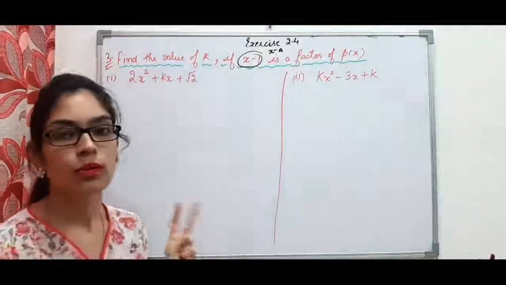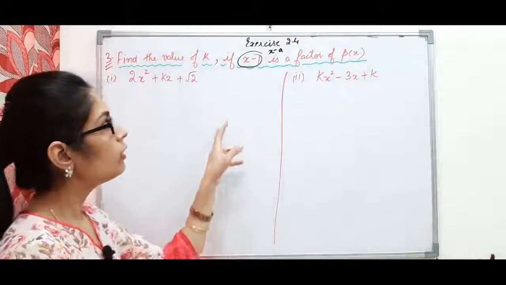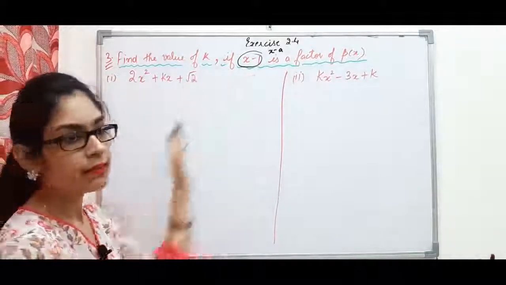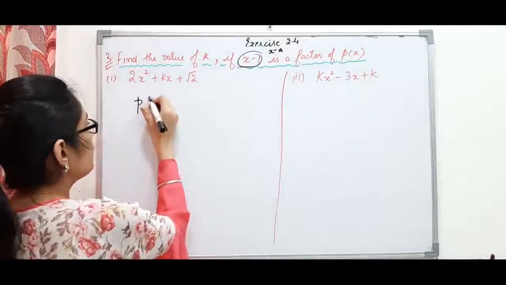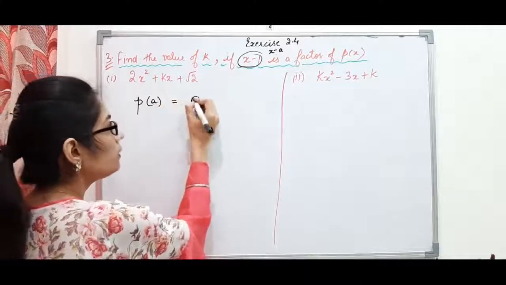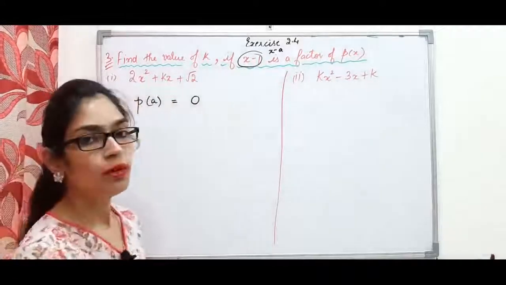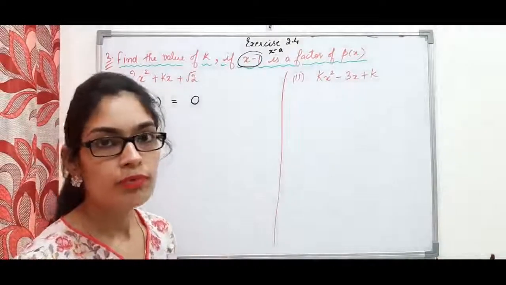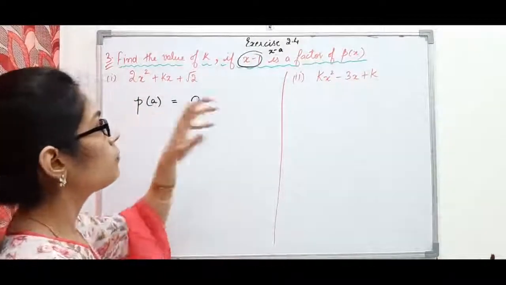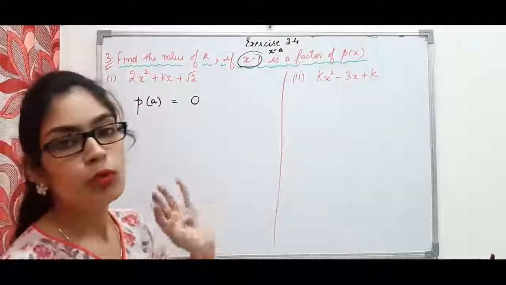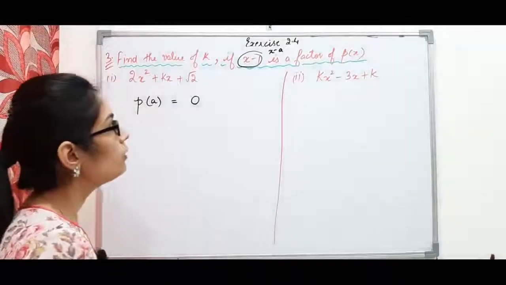So two things you have to remember in this case. First of all, if this is a factor, which means P(a) will be 0, because it's already given that it is a factor. So you don't have to prove that, but you have to use this result in both the cases. So 4 parts are there, 2 parts I will do with you.